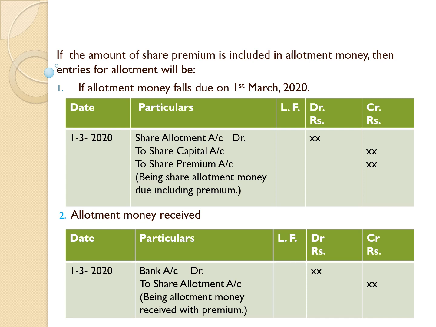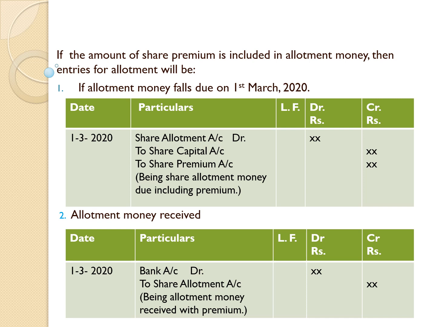If the amount of share premium is included in allotment money, then the entries for allotment will be. Now we are concerned with two entries. One entry is related with allotment money due and another entry is related with allotment money received.